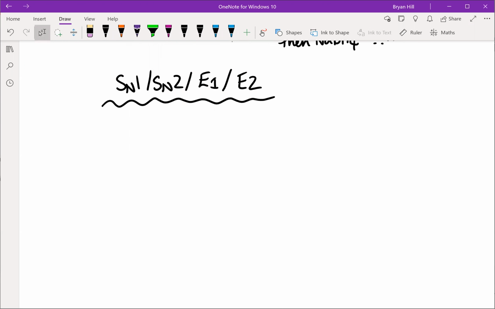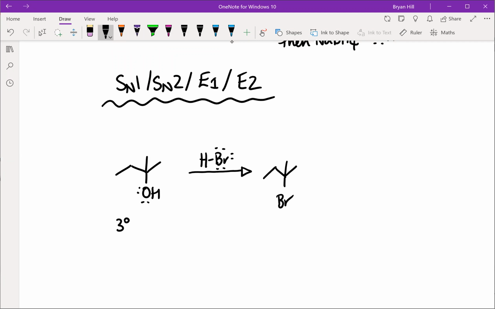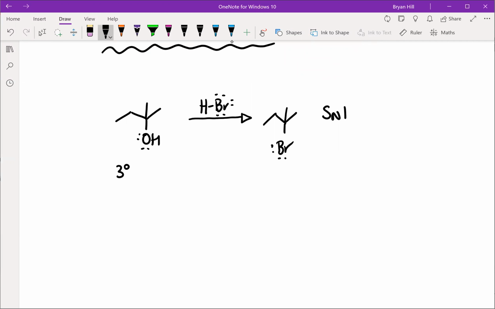You will remember that if you had an alcohol and you reacted it with, say, HBr, if it was a tertiary alcohol, you could do basically an SN1 reaction where you'd make a carbocation intermediate.